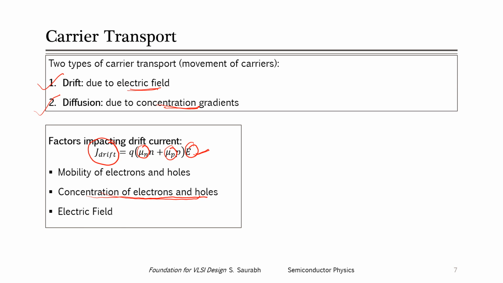If in a semiconductor material the concentration of electrons is high, then the same amount of electric field will give more drift current, meaning that its conductivity is high, and therefore more current will flow, right? So the drift current depends on the mobility, the concentration of electrons and holes in the material, and the electric field. Now, on what factors will the diffusion current depend, right?